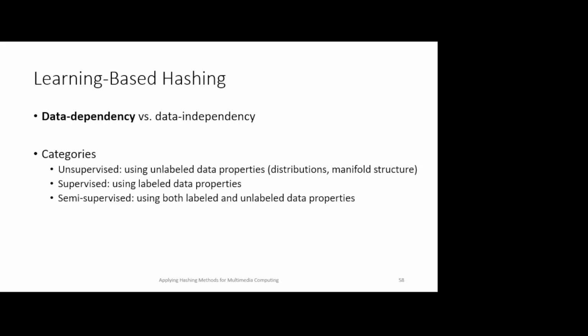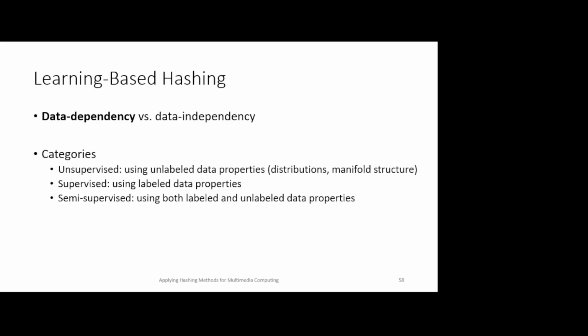But if you consider the data dependence, you want to learn more meaningful information from it. So we can consider using machine learning to learn from your training data set. Generally there are three categories.